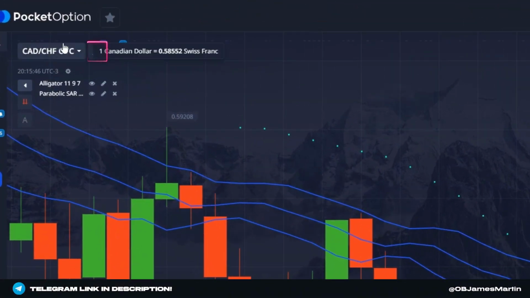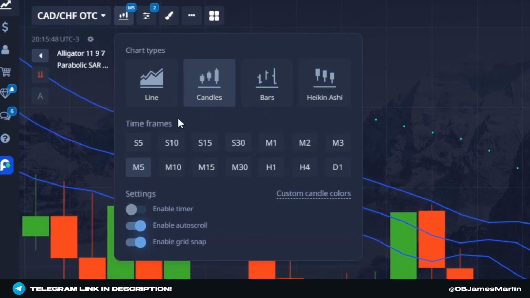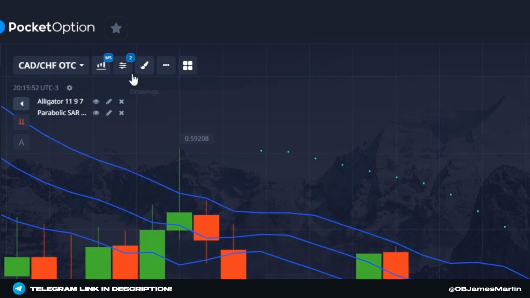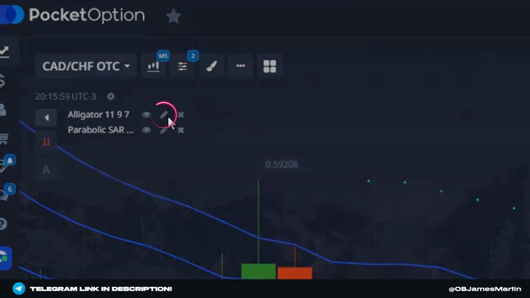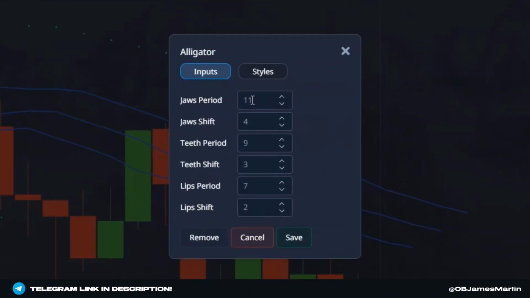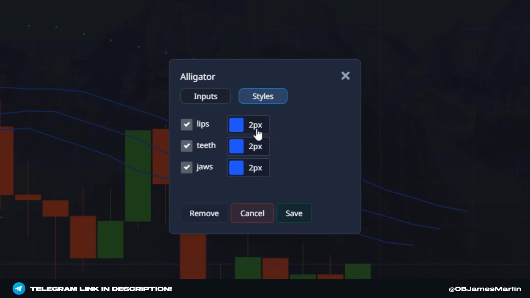For the strategy today, guys, we're gonna use Alligator and Parabolic SAR, classic candles, and a 5 minute time frame. Let's start with that. For the Alligator, jaws 11 and 4, teeth 9 and 3, lips 7 and 2, and the style is up to you.